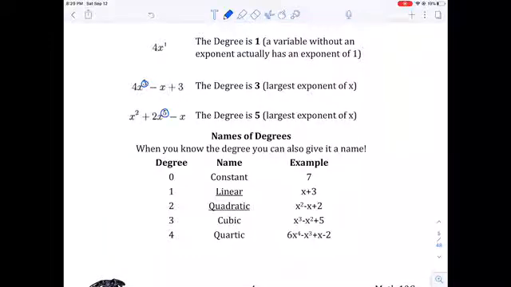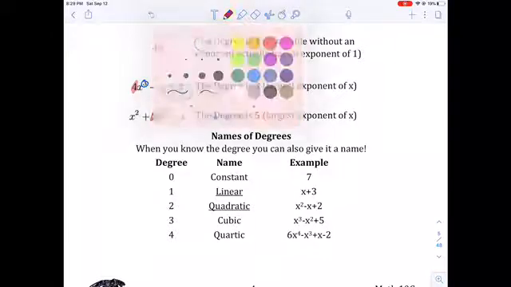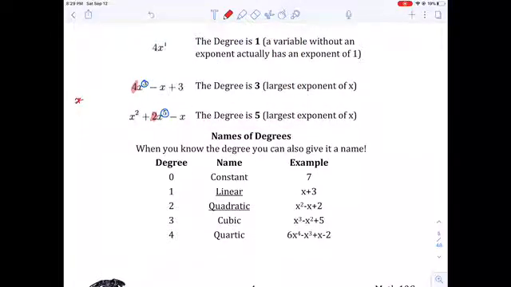The number in front of the variable with the highest degree is called the leading coefficient. The leading coefficient here would be 4. The leading coefficient in this last one would be 2. Okay? So just a little term, I don't think it says that anywhere, but this is the leading coefficient, the number in front of the variable with the highest degree.